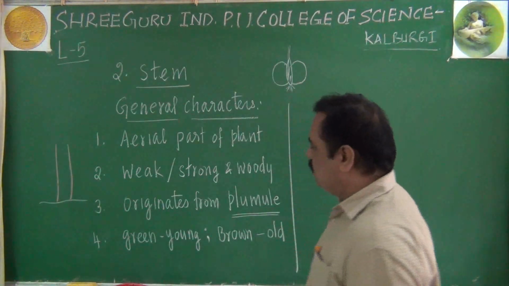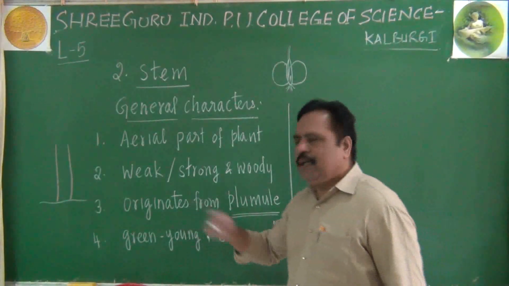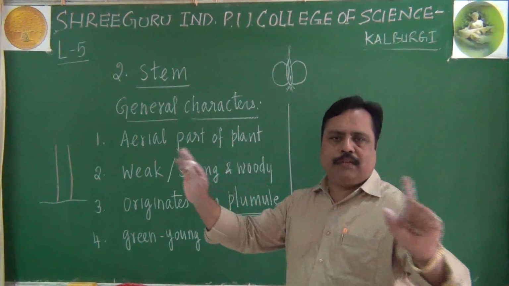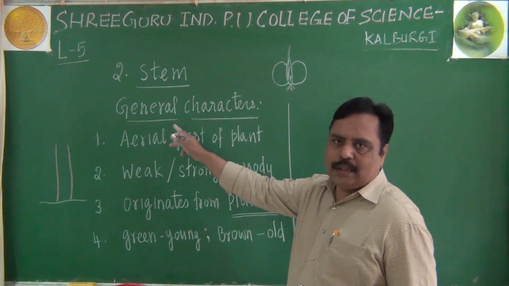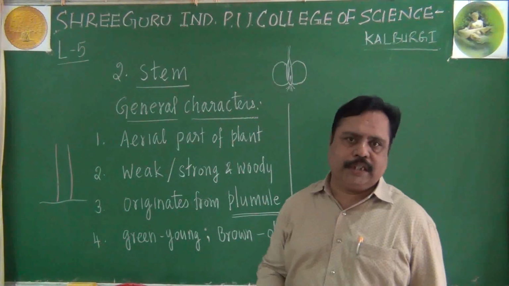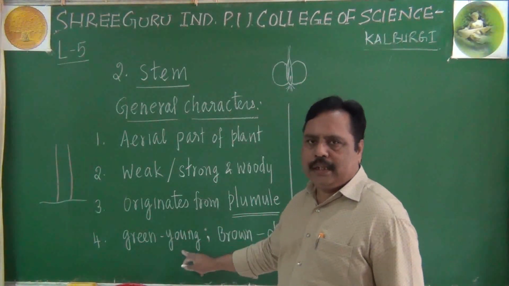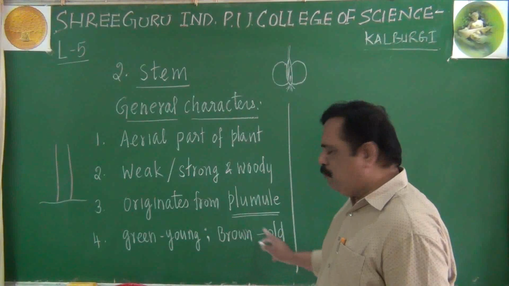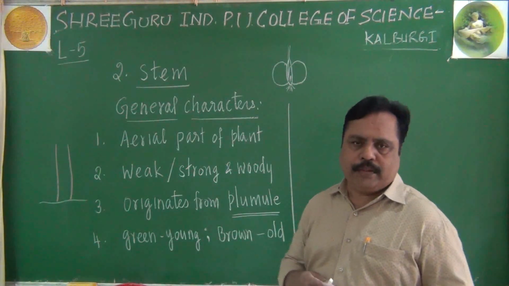So old stem will be brown in color, young stem will be green in color in the majority of angiosperms. I am talking about general characters. We are not talking about exceptions here. Generally, stem will be green in color in young plants, and when they become old, the stem will become brown in color.